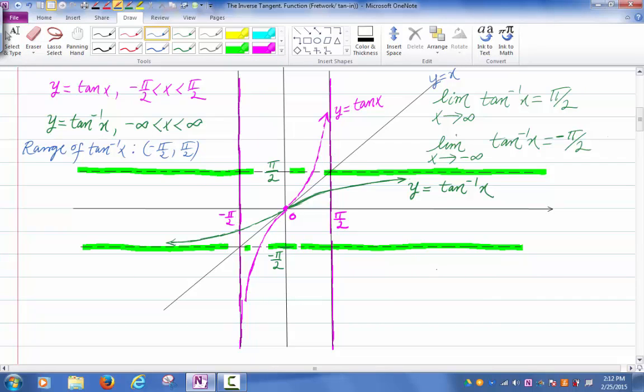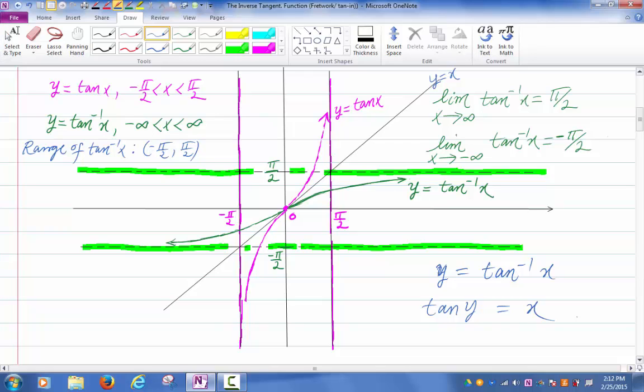Well, think about y to be tangent inverse of x, right? And I'm saying y goes to pi over 2 as x goes to infinity. Why? Well, if y is tangent inverse of x, then tangent of y is x.